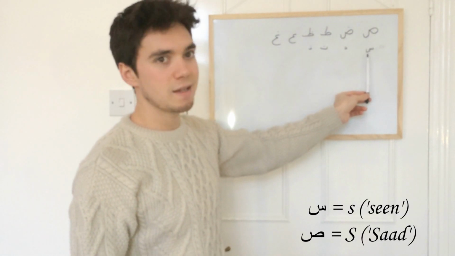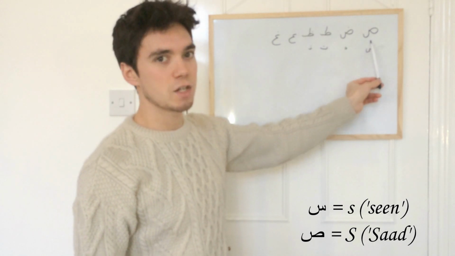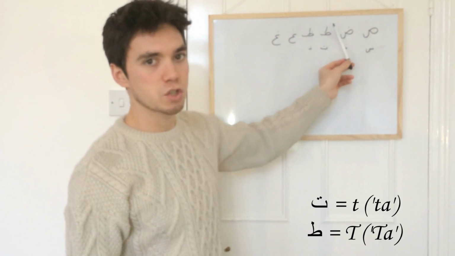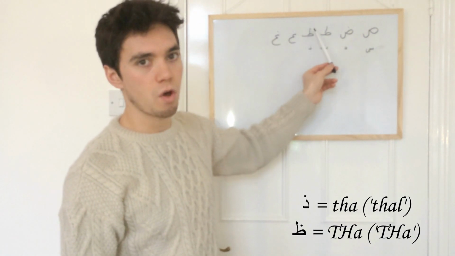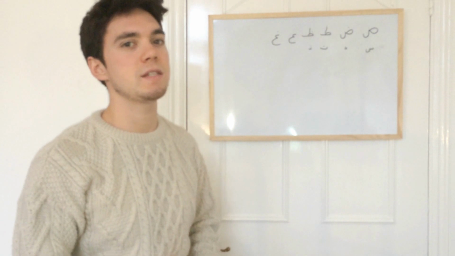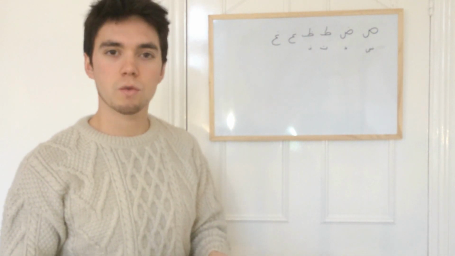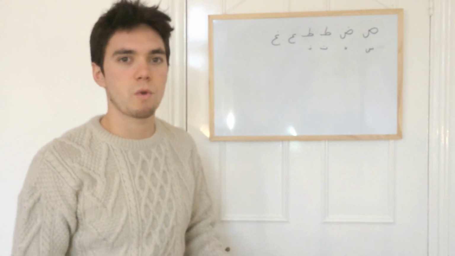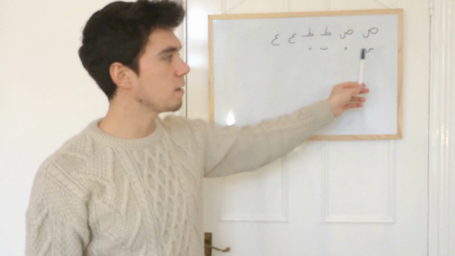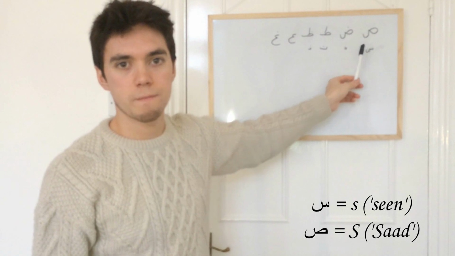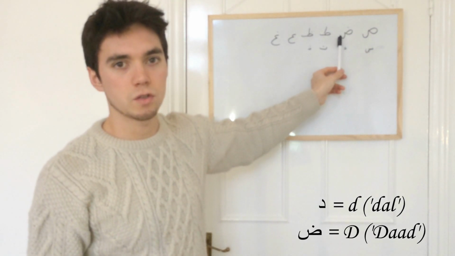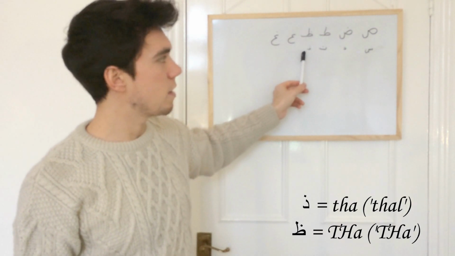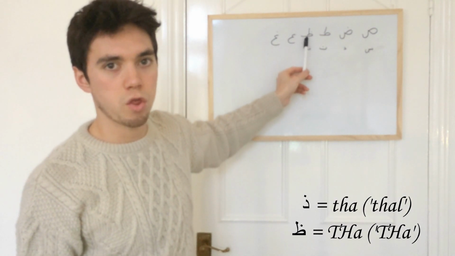We've got a sin, s, so, d, da, t, to, the, tha. That's the easiest way for me to put it, to be honest. Look at the way my mouth and lips are moving.